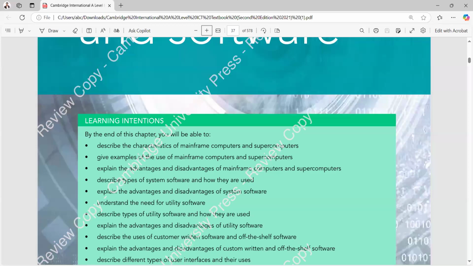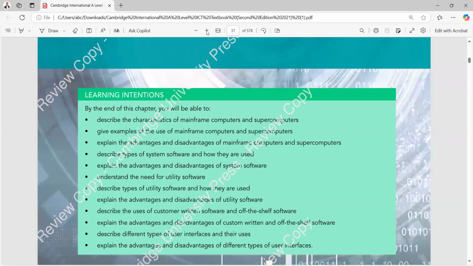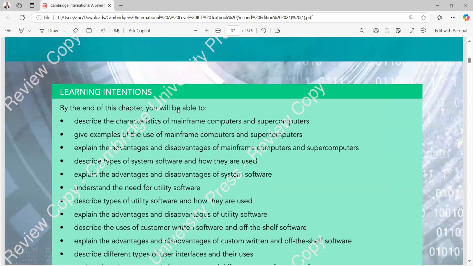Mainframe computers and supercomputers, and there is a question on both of them in your exam, which I will relate to after teaching you the concept. Second part is that it gave you examples of the use of mainframe computers and supercomputers. Then we will discuss the advantages and disadvantages.